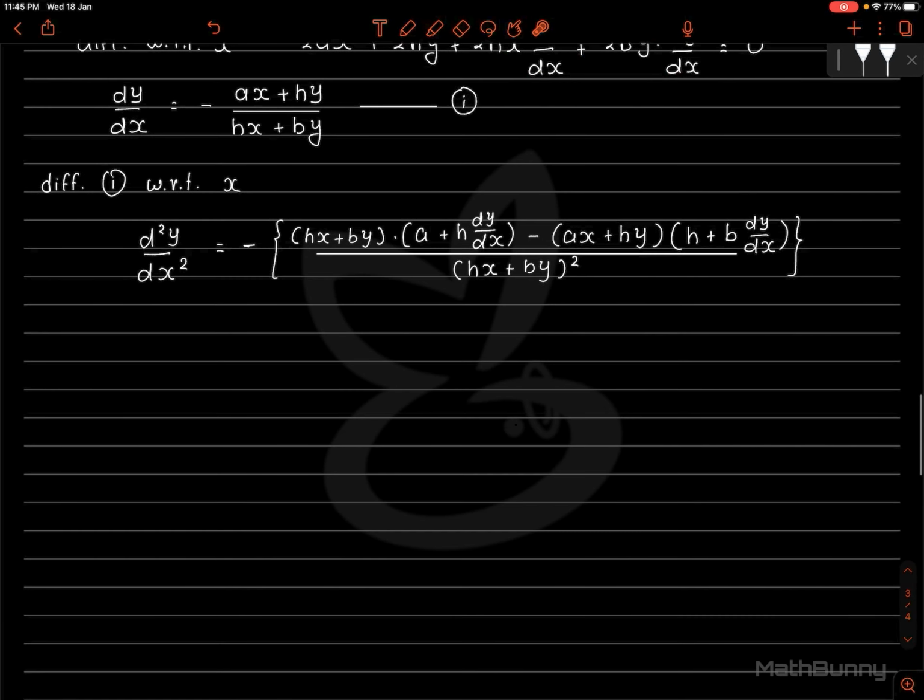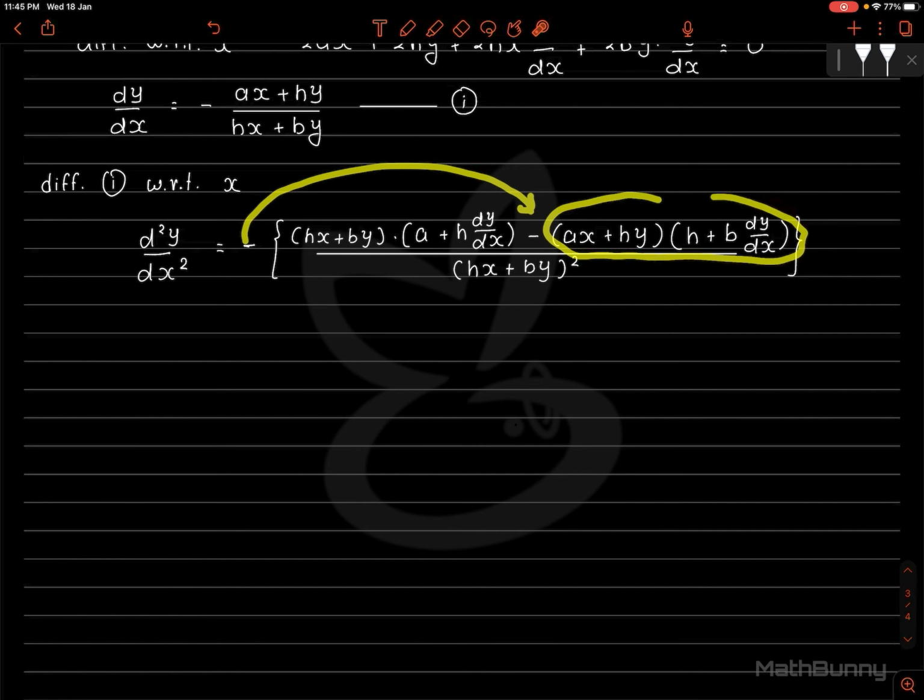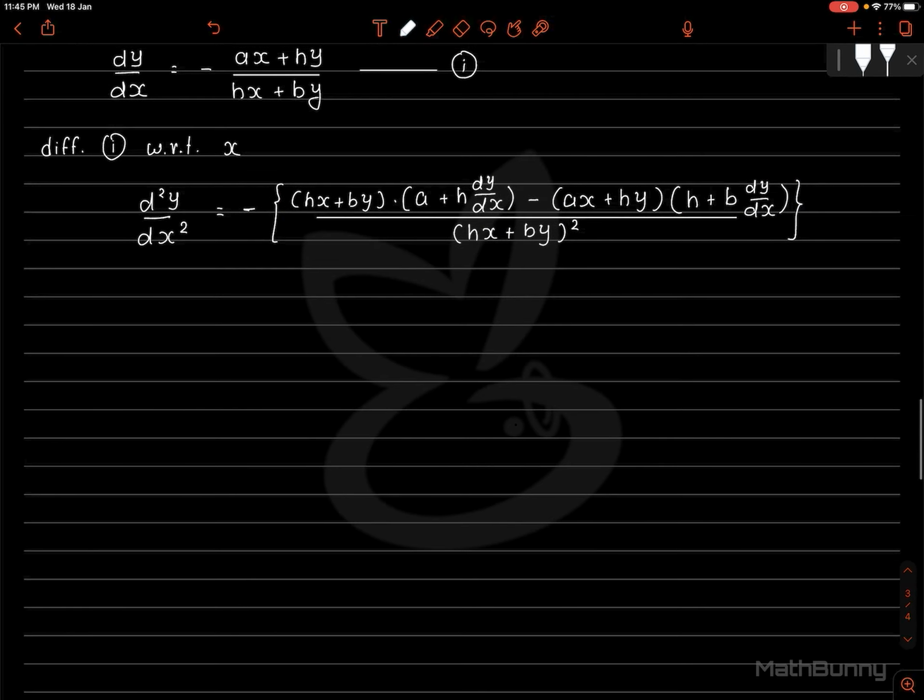Now we have this value from 1. We can put the value of dy by dx, plus we can take this minus inside. This term will become plus. So we will write this first and minus this second. So let us do both of these things together.